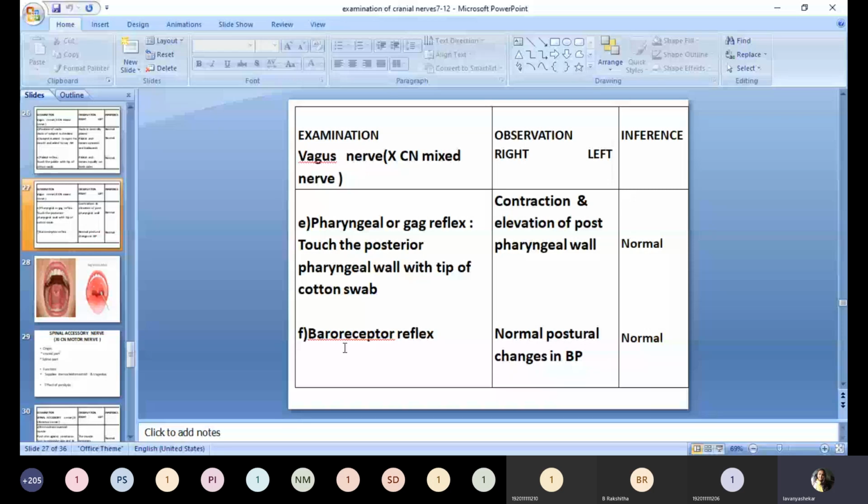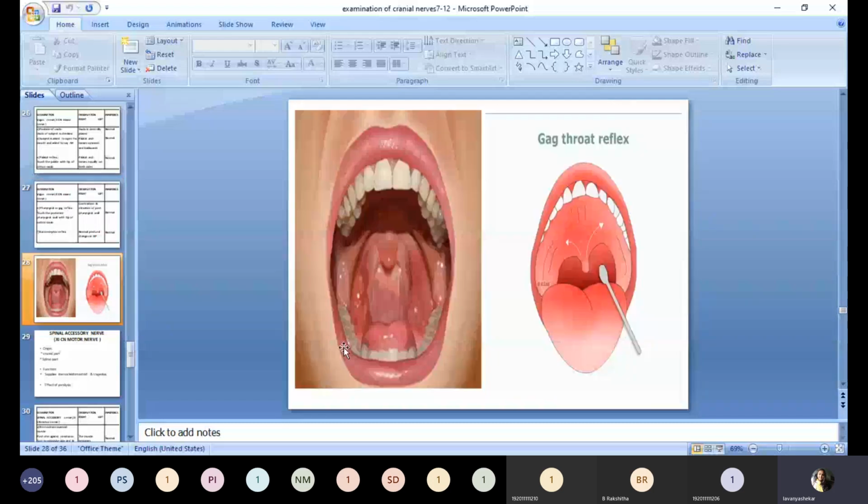Also, you are going to check for the baroreceptor reflex, mainly by observing the postural changes in BP, that is your blood pressure. So these are the various tests to check for the vagus nerve, that is your 10th cranial nerve. This is how you are going to check for the gag reflex.